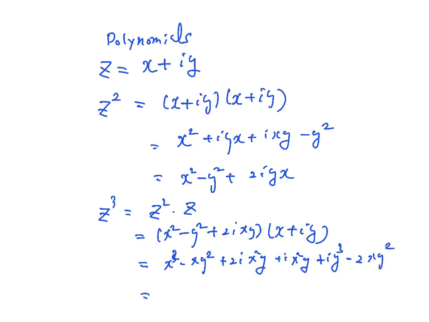So x cubed minus 3xy squared plus i(3x squared y minus y cubed).